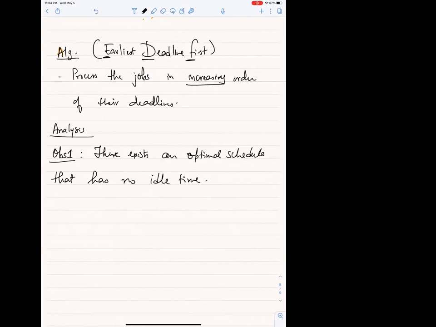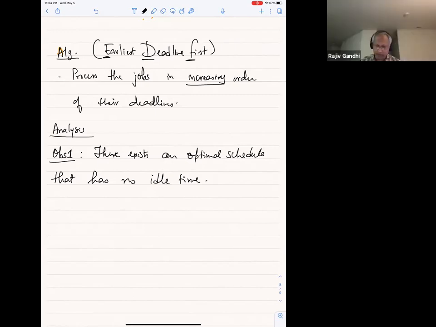So if the processing time of the one which has the minimum deadline, we do the job, then what will happen? I think it will work.